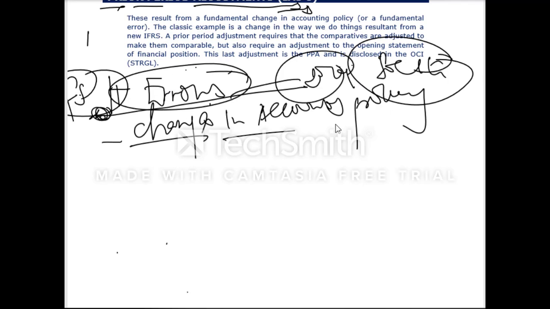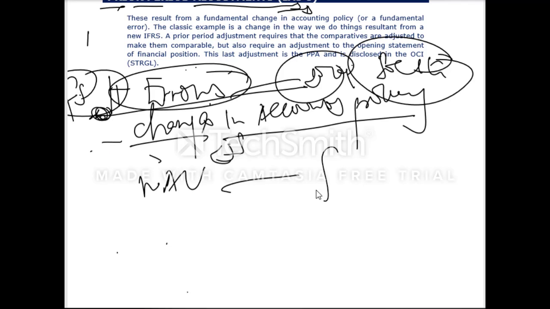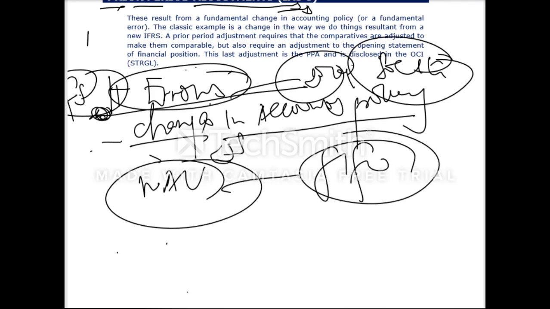Let's talk about changes in accounting principle. How does a change in accounting principle happen? Say last year we were valuing an item or stock at, let's say, weighted average, and this year we're applying FIFO. This is a change in accounting policy.